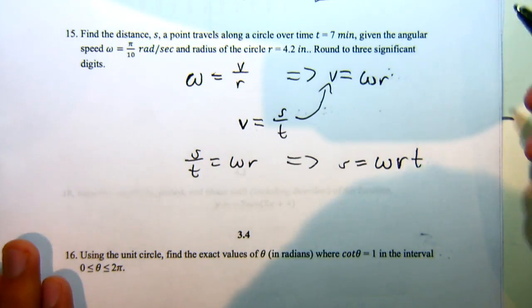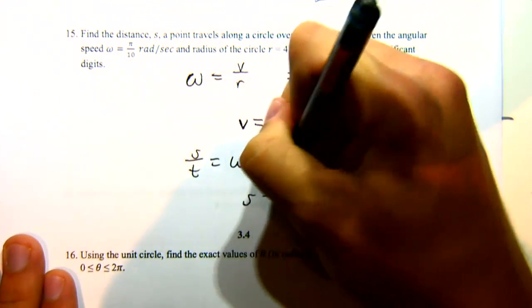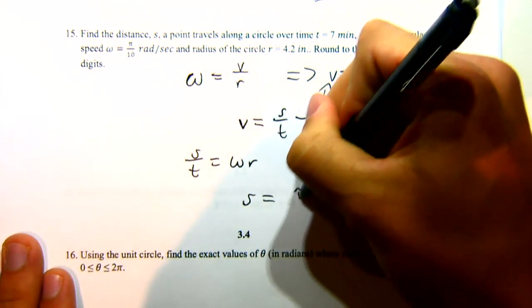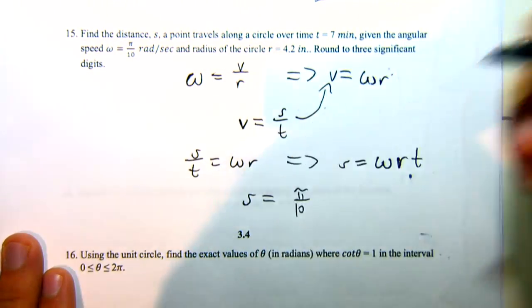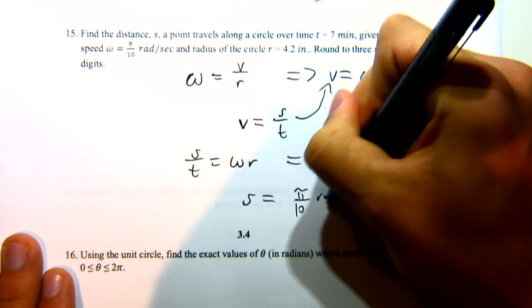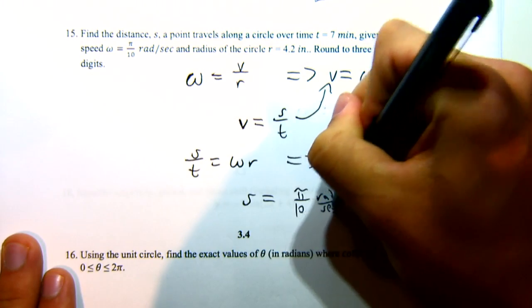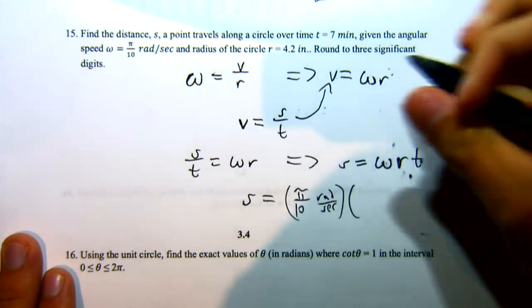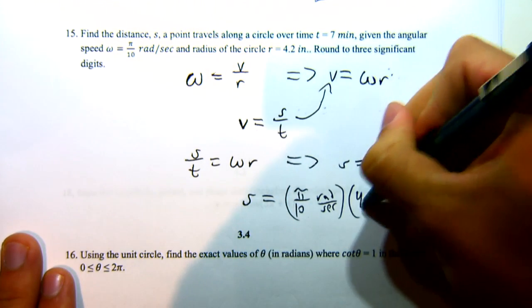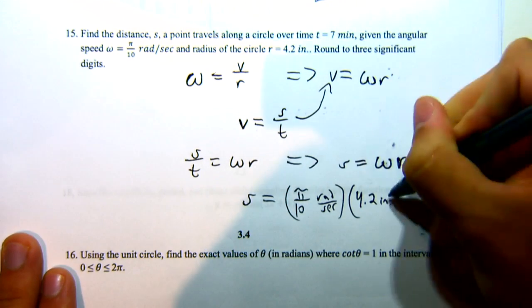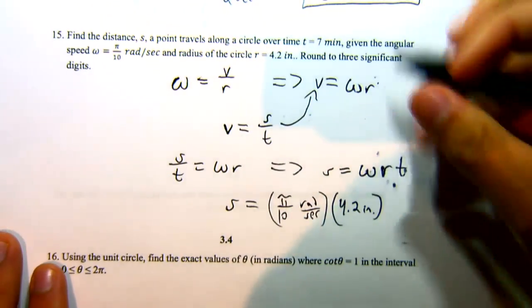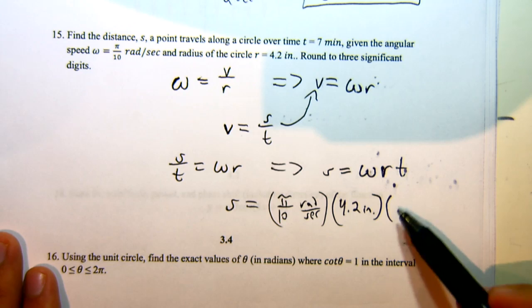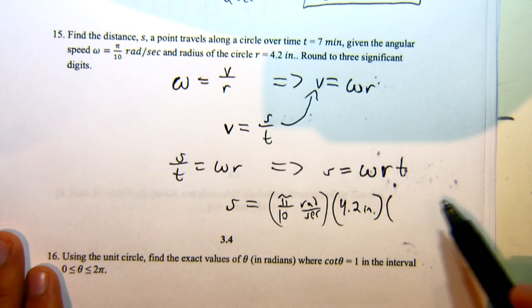Alright, so now we just plug in what we have. So s is equal to omega, pi over 10 radians per second, times the radius of 4.2 inches, and then times time. Now, do we write this as 7 minutes, or what do we need to do?